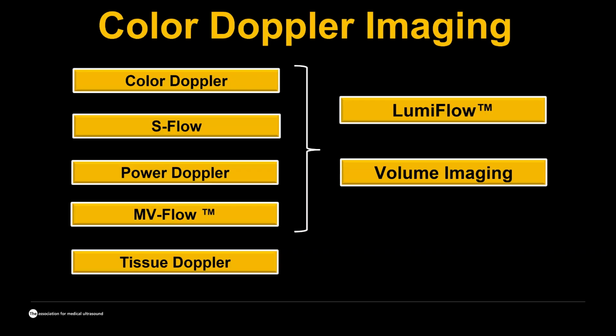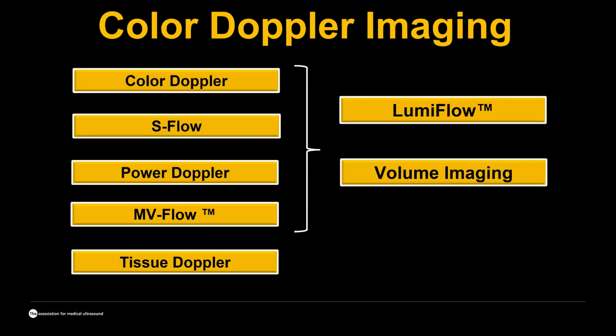This is a technology that gives the flow a 3D appearance, similar to the luminance flow that gives a 3D appearance to the 2D imaging. So here the color will look like it is popping up over the 2D image and looks more like 3D. And then we can use the regular 3D combination of the 2D and the color.